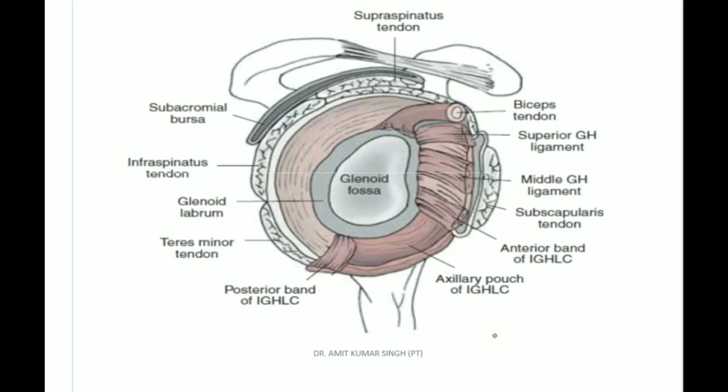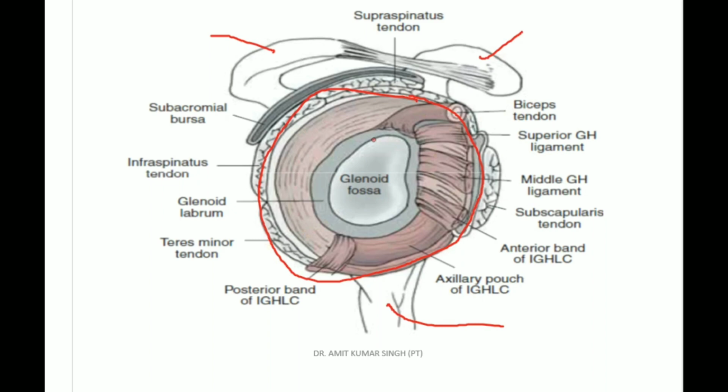Now let us see the transverse section of the glenoid fossa. If we see this image, this is our coracoid process, this is our acromion process, and this is our scapula bone. This whole surrounding structure is the glenoid fossa, where certain muscles, tendons, and capsules are present.